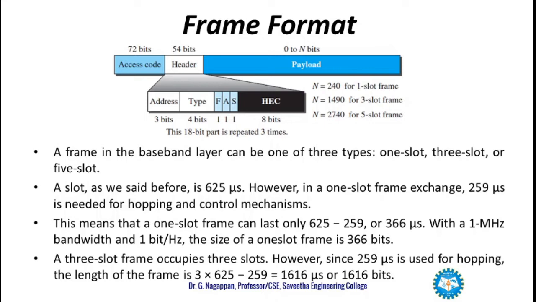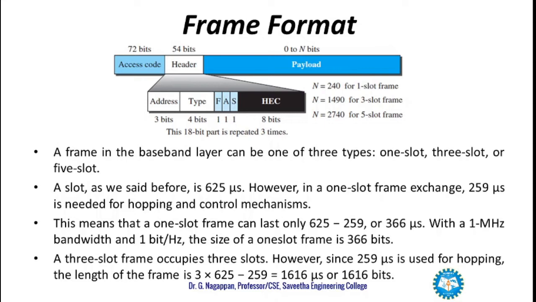However, in a 1 slot frame exchange, 259 microseconds is needed for hopping and control mechanisms. This means that a 1 slot frame can last only 625 minus 259, or 366 microseconds.